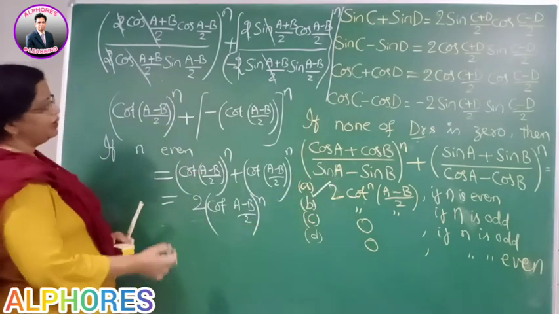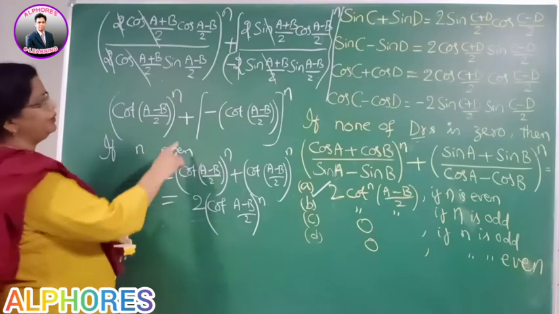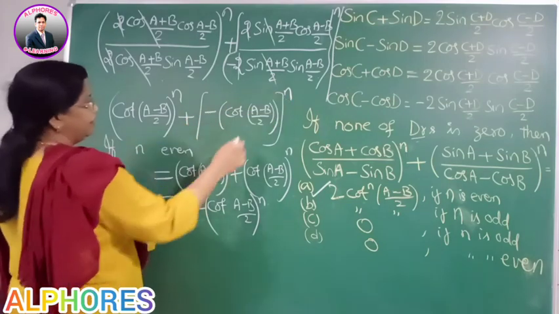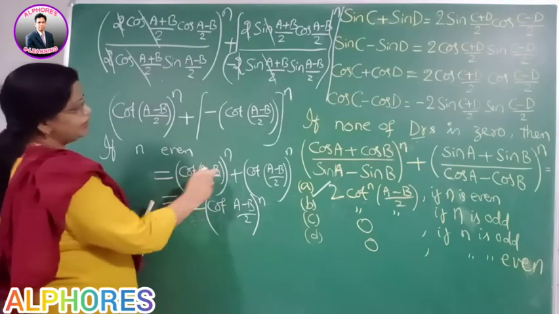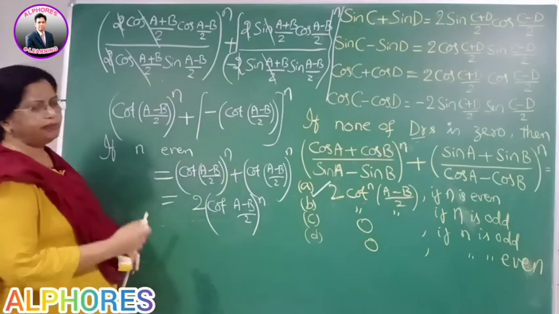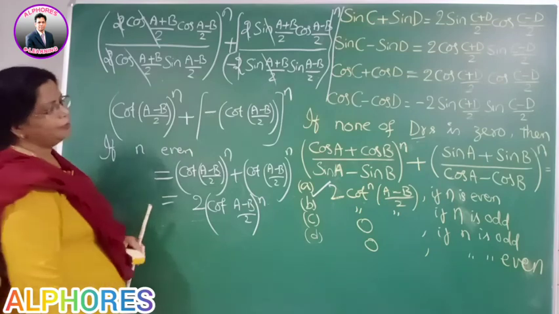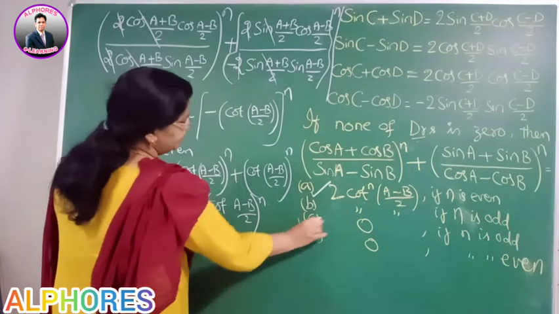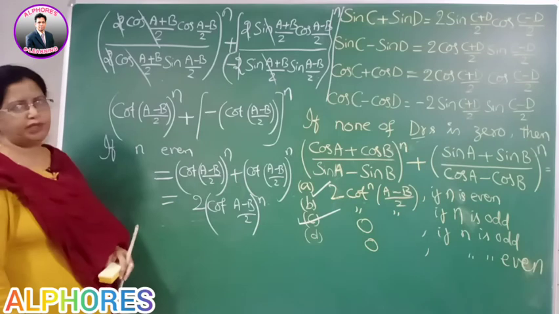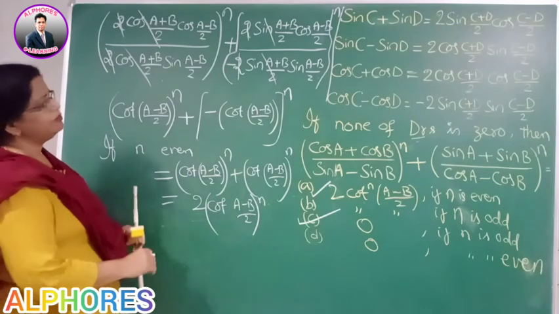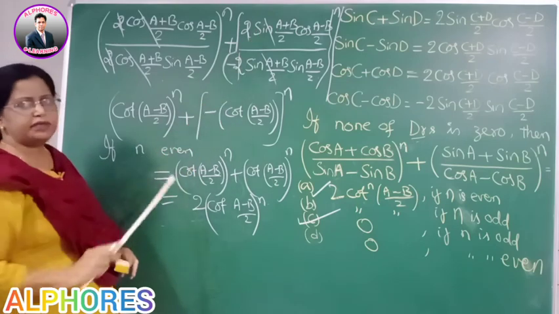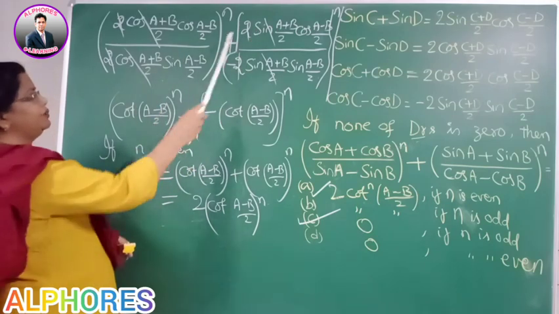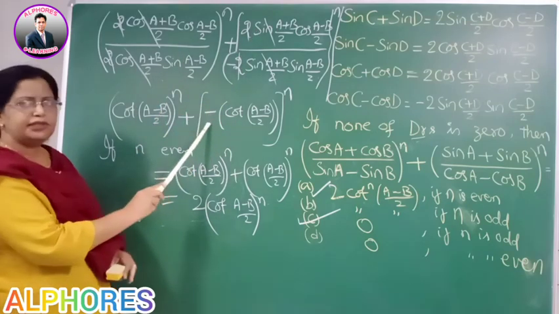Now when n is odd, what will happen? This minus whole power n gives you a minus symbol, thereby the two terms get cancelled, therefore our answer is simply 0. So when n is odd, the answer is option C. Once you get up to here, the problem is very easy, a direct application of the formula, and after that the major twist is here.